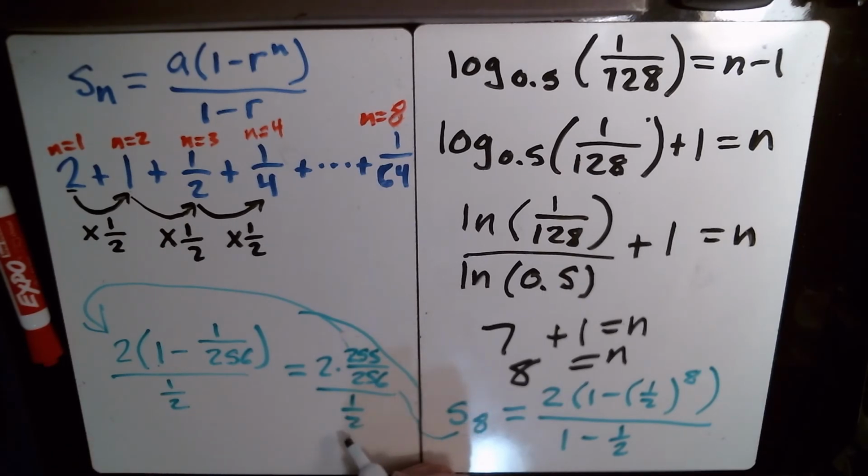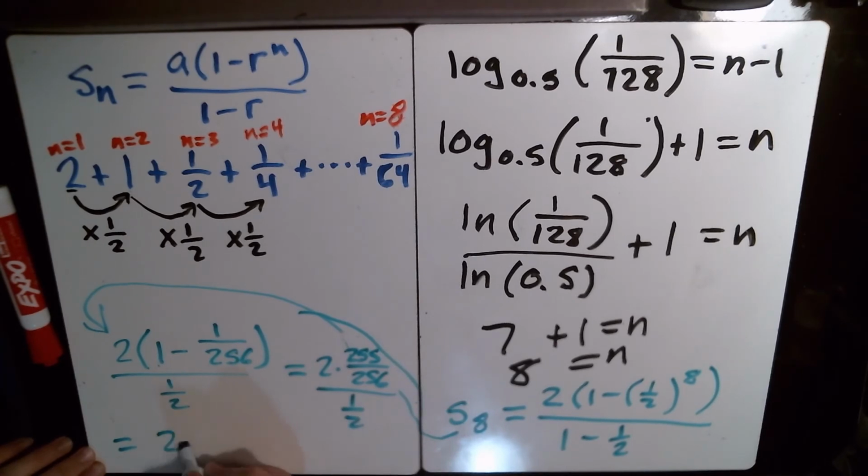When we divide by 1/2, we flip the fraction and multiply, which is the same as timesing by 2.